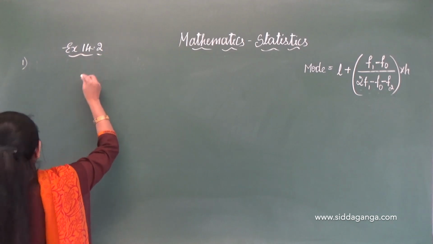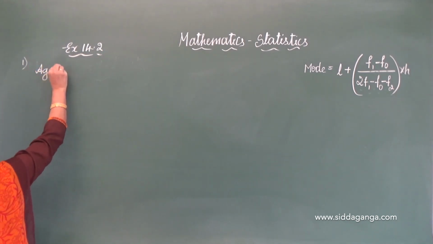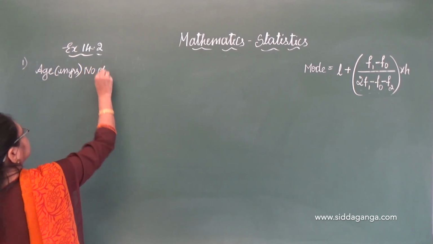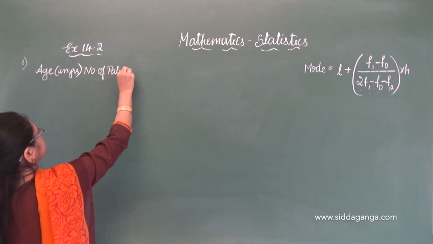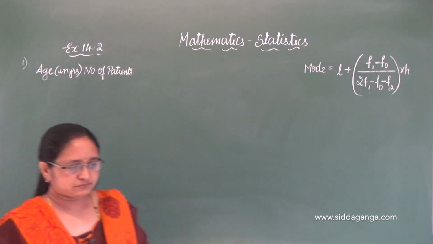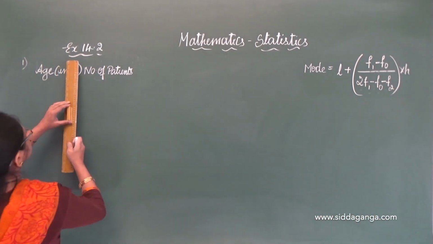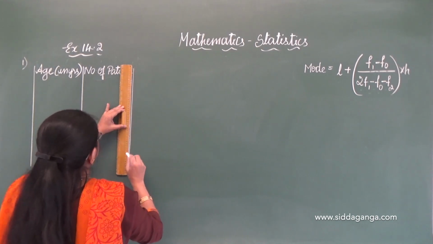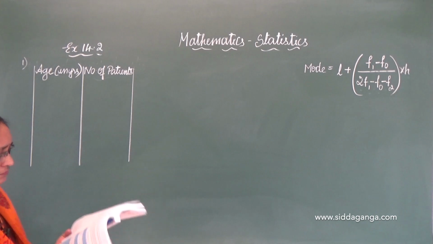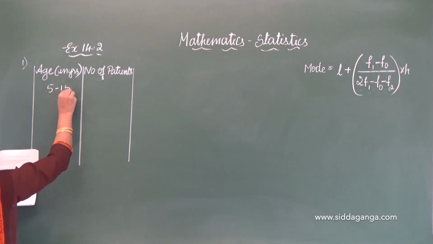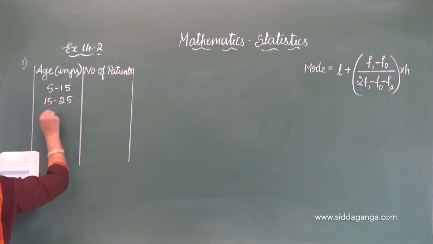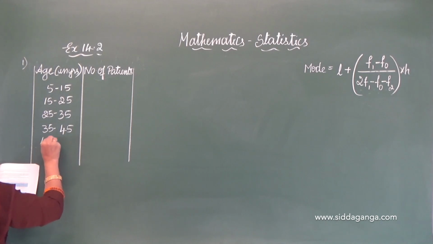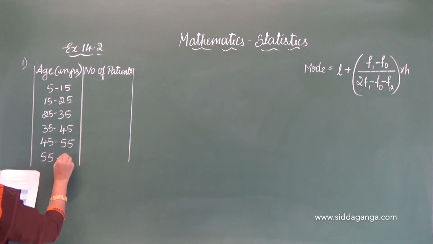Age in years: 5 to 15, 15 to 25, 25 to 35, 35 to 45, 45 to 55, 55 to 65.